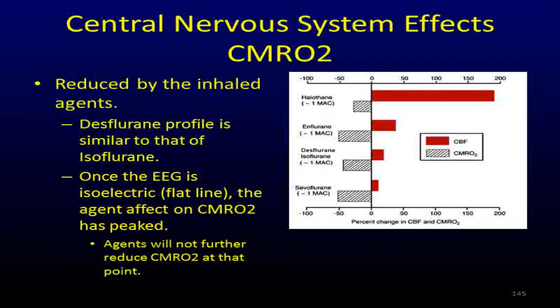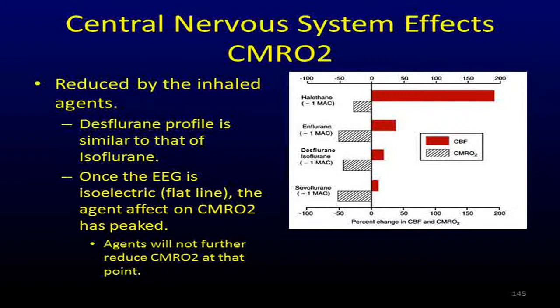What do anesthetics do to nervous tissue? They depress it. And if tissue is depressed, does it have as much of a need for oxygen? It does not. So it makes sense that the volatile anesthetics will reduce CMRO2. And that's a protective thing.